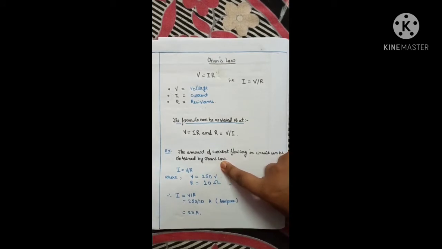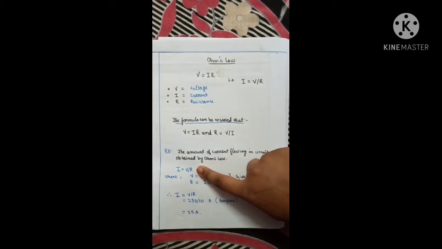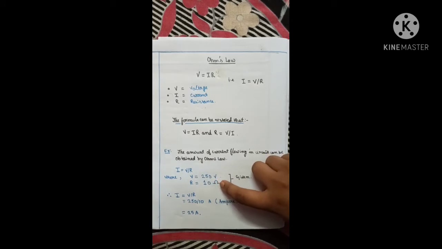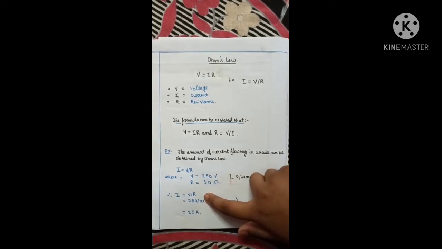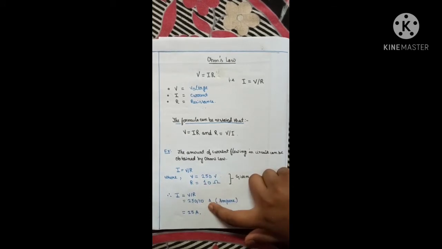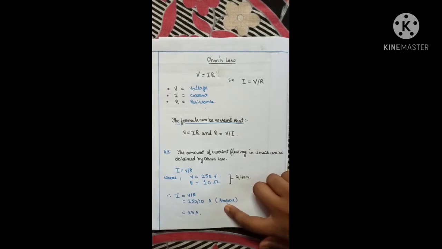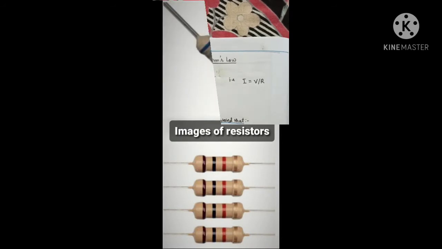I equals V by R, where we have been given V equals 250 volts and R, that means resistance, is 10 ohms. According to Ohm's law, I equals V by R, so 250 by 10. The unit of current here will be ampere. So it will be 25 amperes.